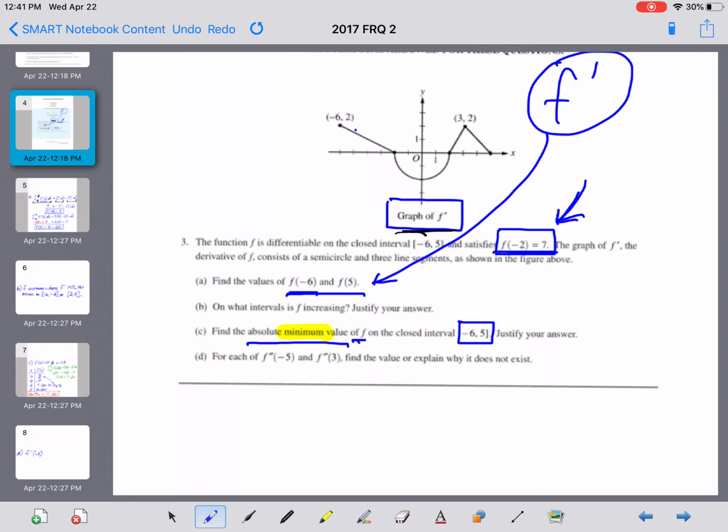Negative 5 is right over here, and if we want f double prime, that's going to be the derivative of f prime, or the slope of the tangent here. So we just need to worry about the slope of this line segment at that particular spot right there. And since it's linear, that's pretty easy to do. We are dealing with a rise of negative 2 and a run of 4 units right there. So our slope is going to be a negative 1/2.